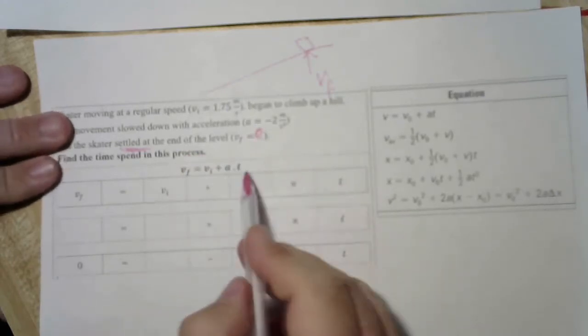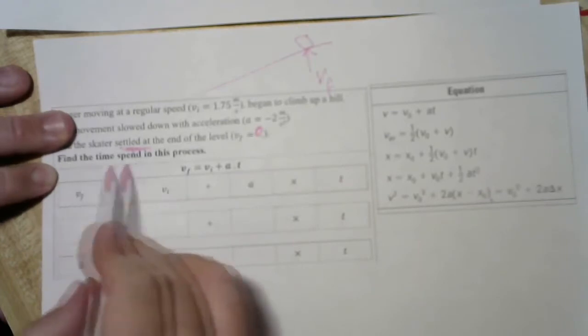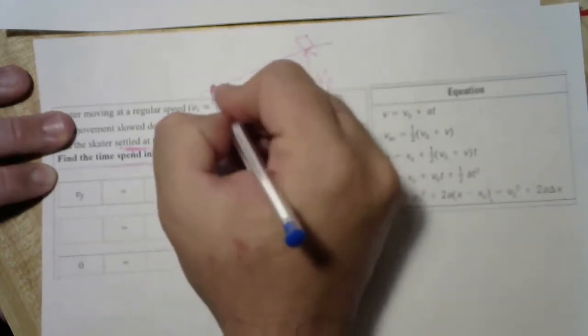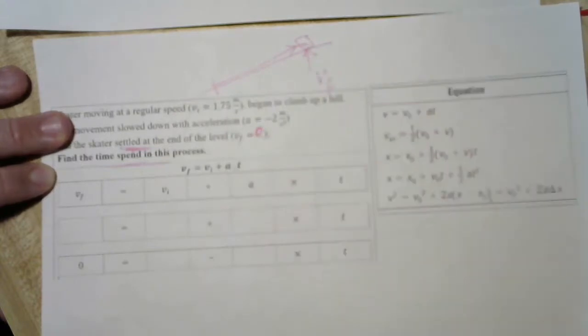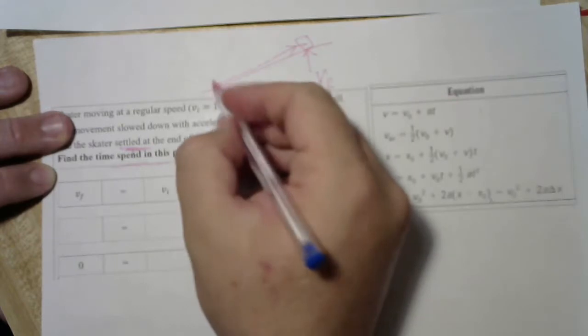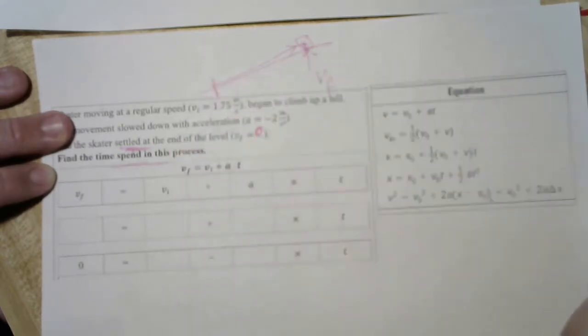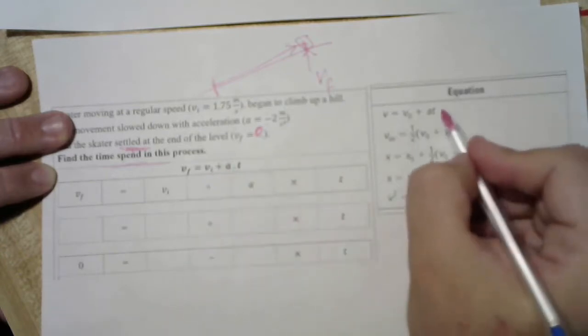So I will use one of these equations to find how much time it takes to pass from initial to final positions. Okay, I will not compute the distance passed. I can use this equation, which is the first one.